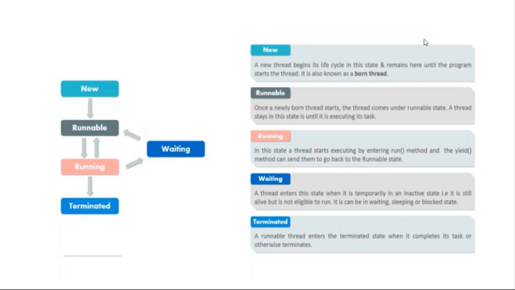It is in a runnable state. It can run whenever it is required. Sometimes we call it runnable or parking. Both are the same, which means I'm waiting to receive an order. I am created now. I'm waiting to receive an order.